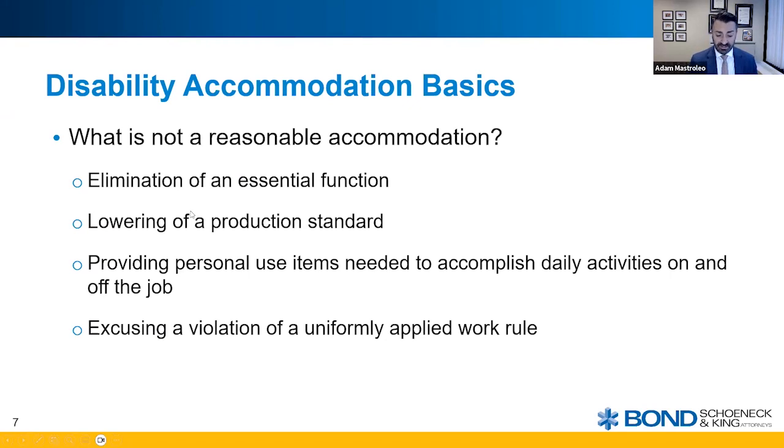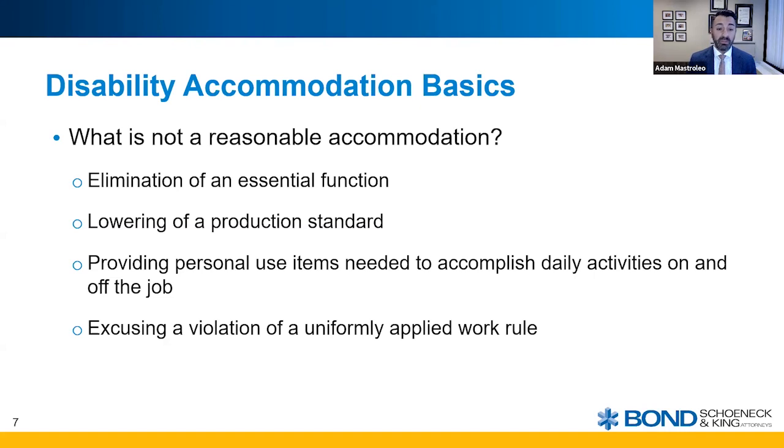Importantly, what are some things that are not reasonable accommodations? The first one is something that I'm sure you all have heard: you as an employer are not required to eliminate an essential function of a position. So if there is an essential function of a job that an employee with a disability cannot perform, with or without an accommodation, you would not be required to provide that employee with an accommodation.